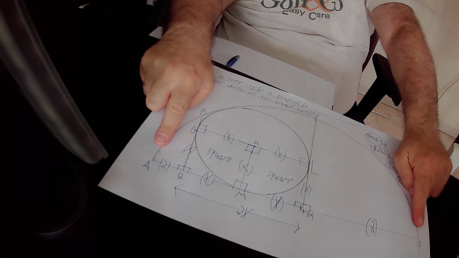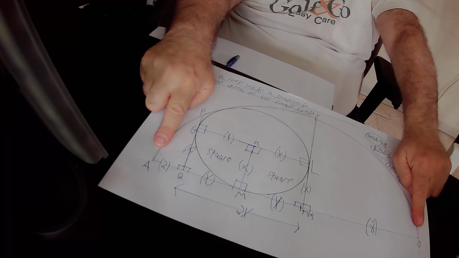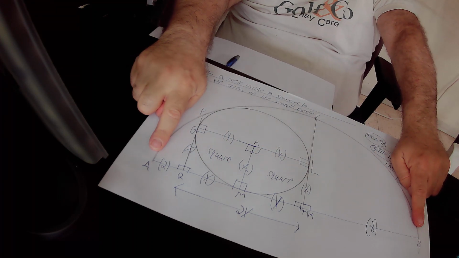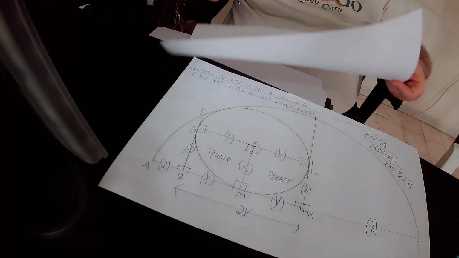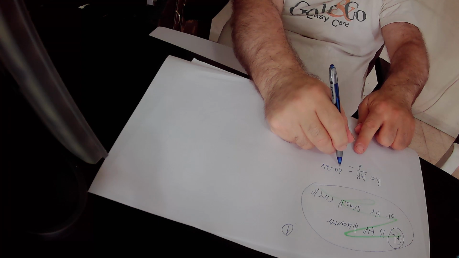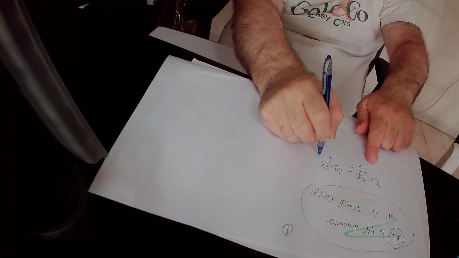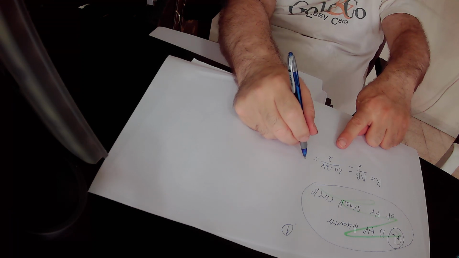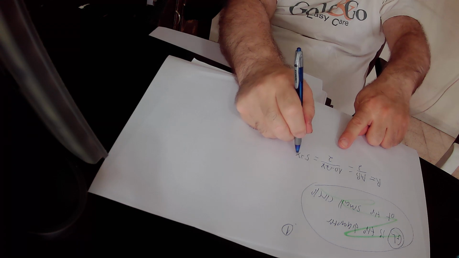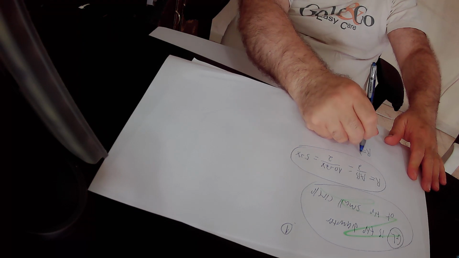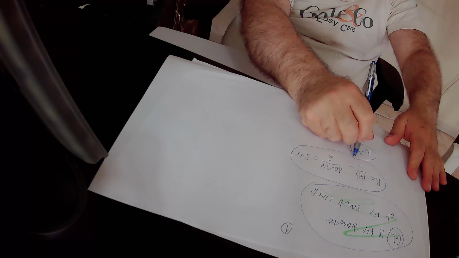The length of AB in total equals 2 plus 8 plus 2x, that is 10 plus 2x. So the radius capital R equals 10 plus 2x over 2. 10 over 2 is 5, and 2x over 2 is x. So capital R, the radius of the big semicircle, equals x plus 5 units in its length.